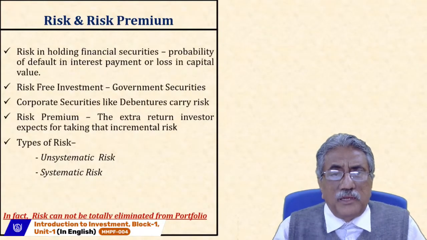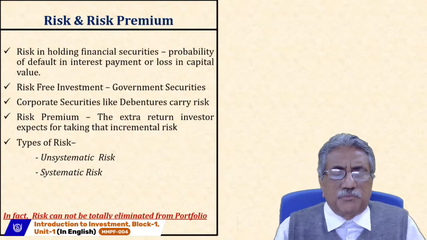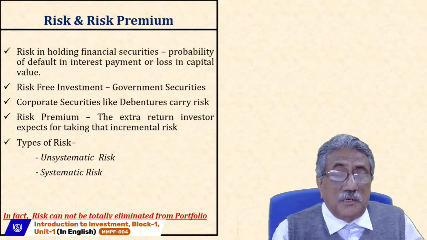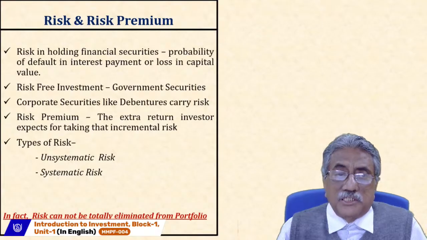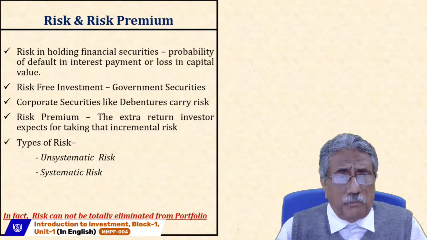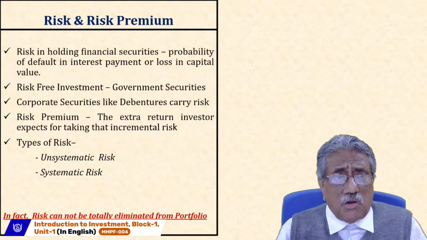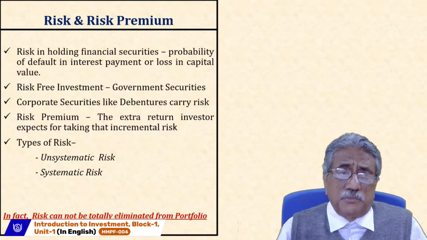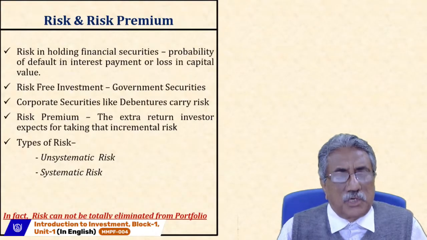So if you are buying government securities, you may get 6.5% interest. But if you are buying a Larsen Toubro or Tata Steel or Ultratech Cement debenture, there is a risk. They may be a top grade, AAA rated company, but there can be a risk that, for some reason, suppose the cement industry is not doing well, or they are not getting paid by the government, they default.